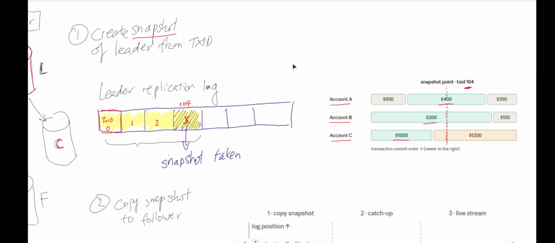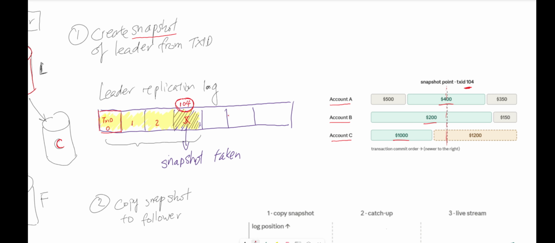The point-in-time snapshot, the consistent snapshot, contains all of the key values of the database at that given time, and we make a note of the TXID. In this case, the TXID is 104. So we know that all of the TXIDs before 104 should already be in the snapshot.